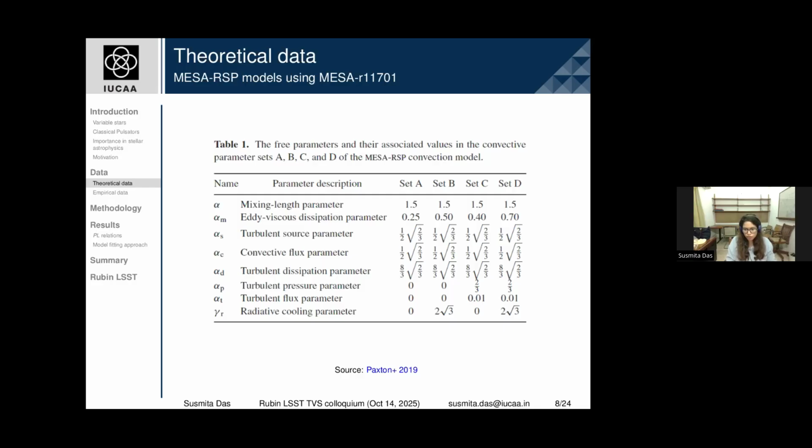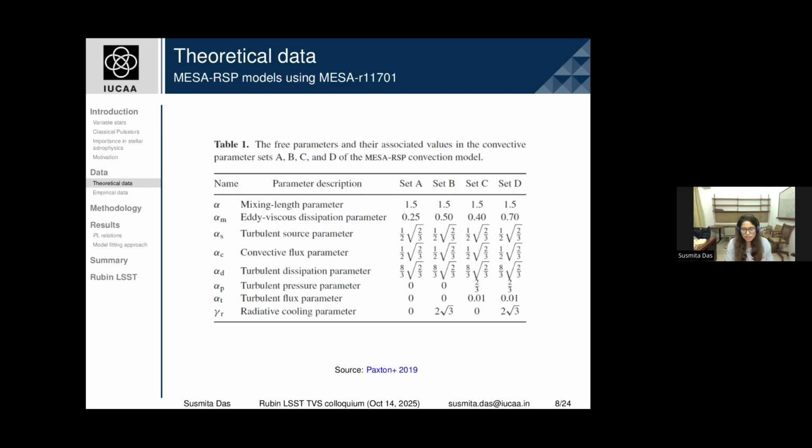So what we did was we used the four convection parameter sets as provided by the MESA-RSP paper, which is Paxton 2019. We used these four sets of convection parameters while computing our grid of models. Now we have to understand that if we want to model one particular star, calibration needs to be done.